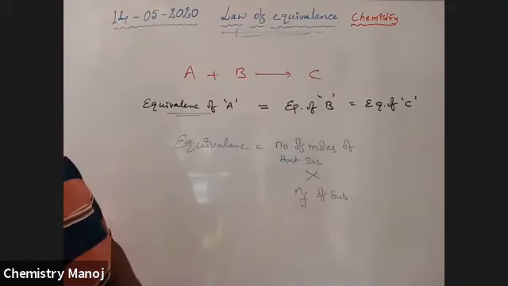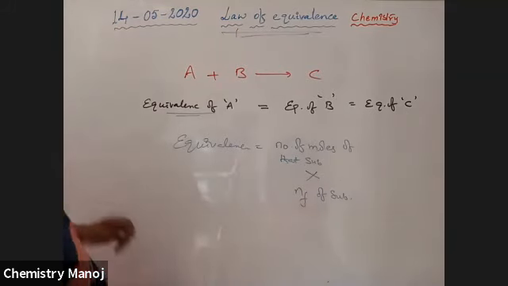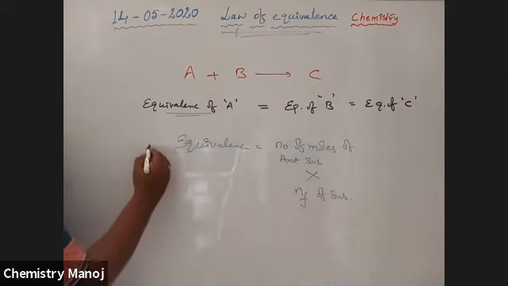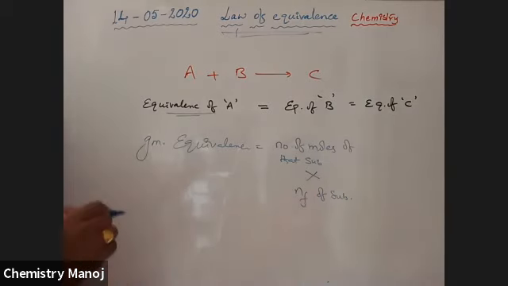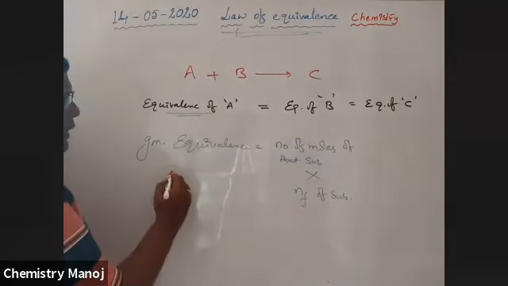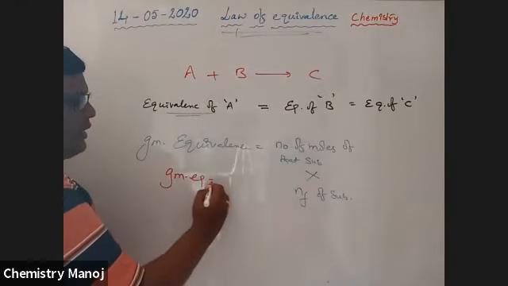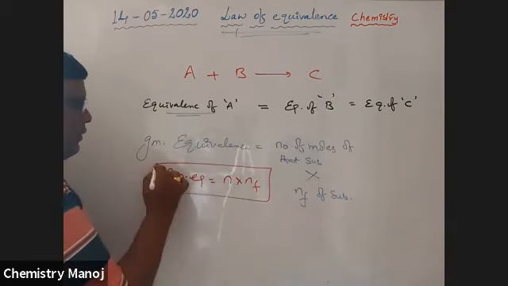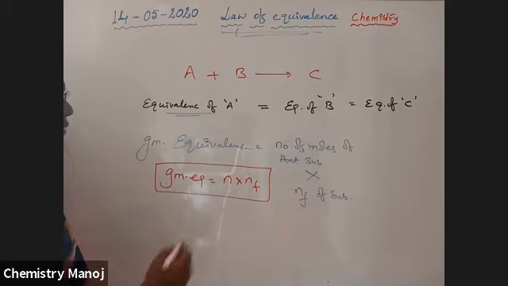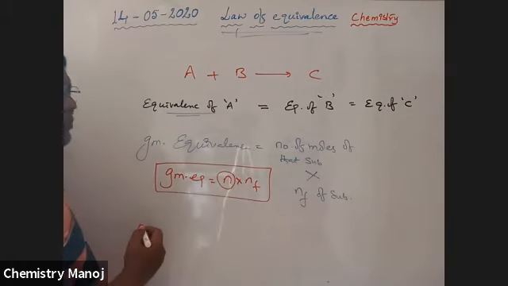So it is very, very important. Equivalence is otherwise called gram equivalence. Equivalence or gram equivalence, both are same. Therefore, gram equivalence is equal to n into n factor, where n is the number of moles of the substance involved in the reaction.